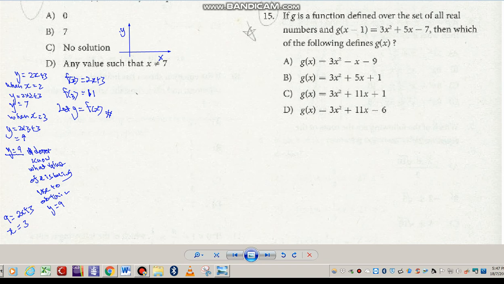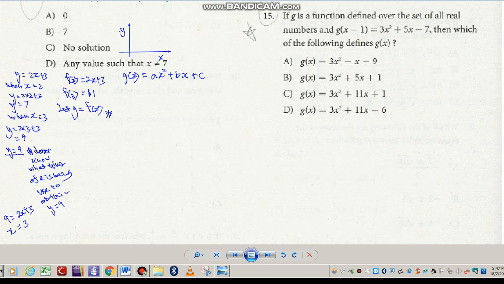The question means that originally you have a function g(x) equal to ax² plus bx plus c. I don't know a, b, c.